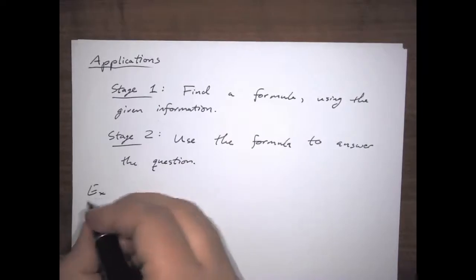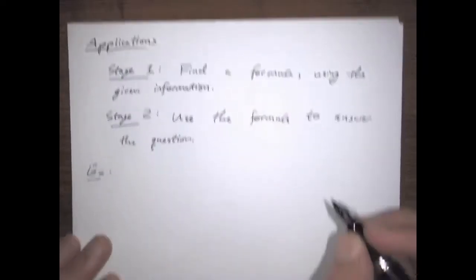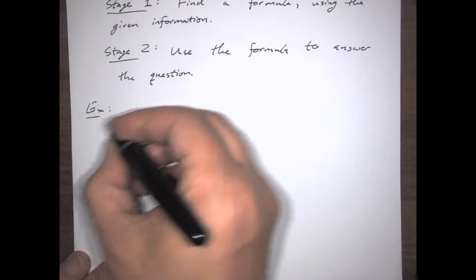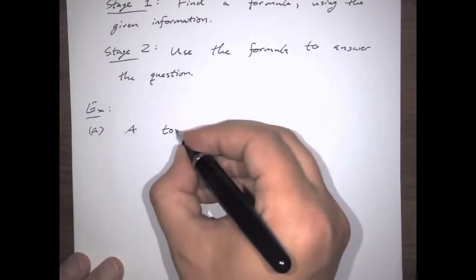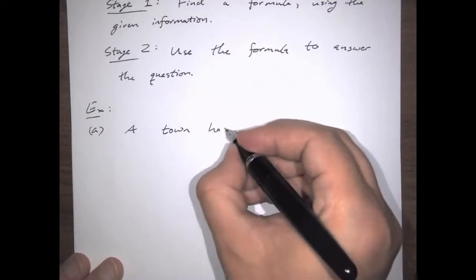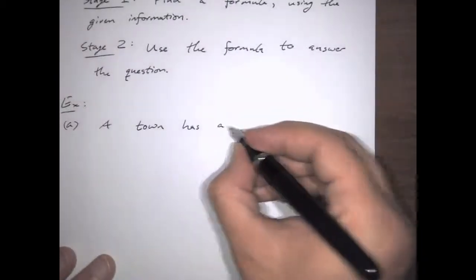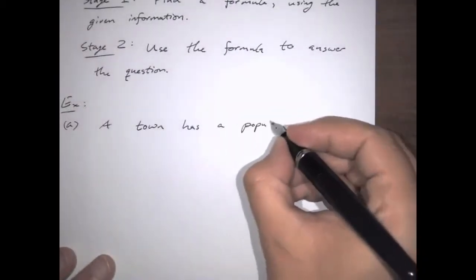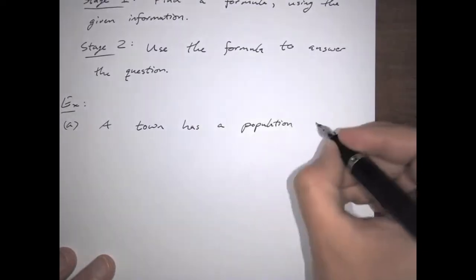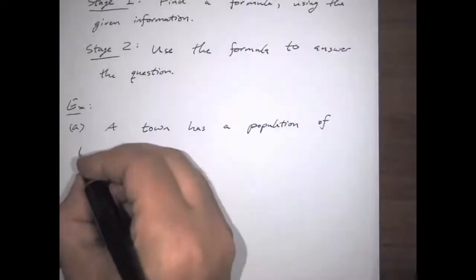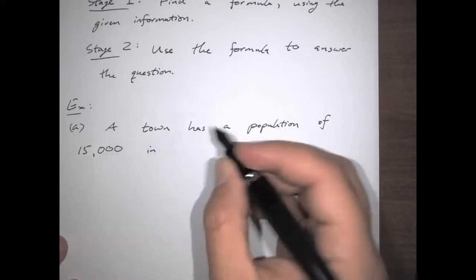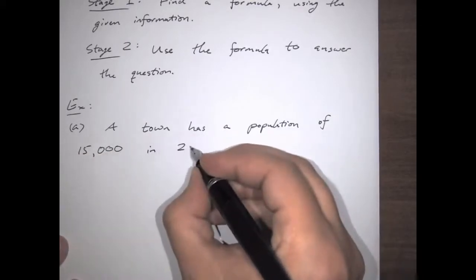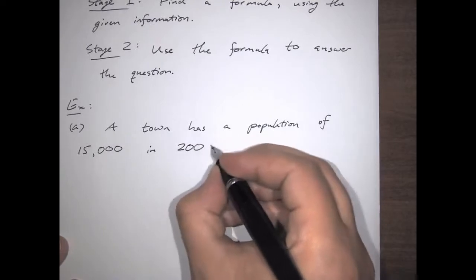Alright, let's just peel the band-aid off, see what this can look like. Example. A town has a population of, let's say, 15,000 in the year 2000.